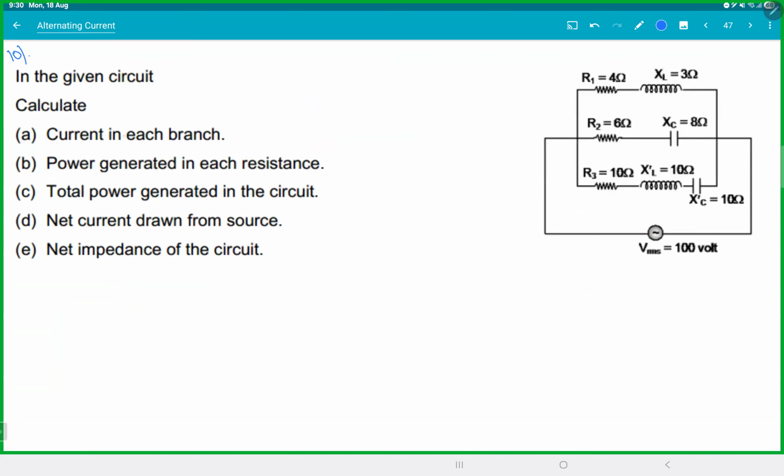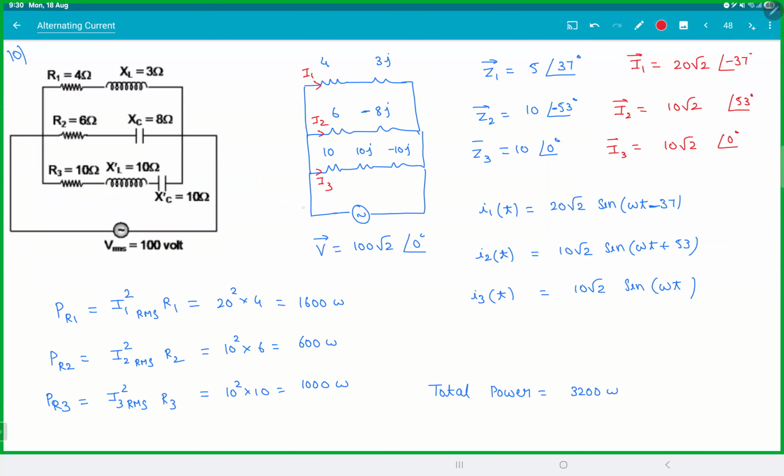And then we finished current, we finished power, and you have to find the net current and the impedance of the circuit. Net current is this guy. Let's find I bar and the impedance of the circuit. Now, for the impedance of the circuit, actually you can find R equivalent and do that, or the other way around. I'll show you with the currents. I think if you take 1 by Z equivalent, that will be 1 by Z1 plus 1 by Z2 plus 1 by Z3, no?